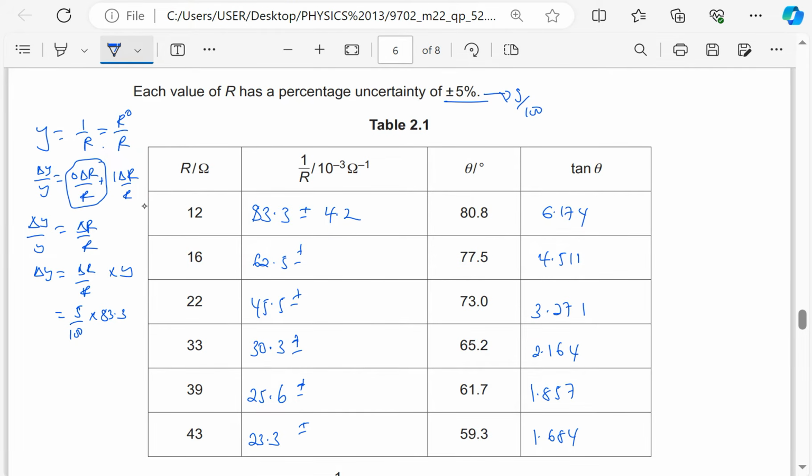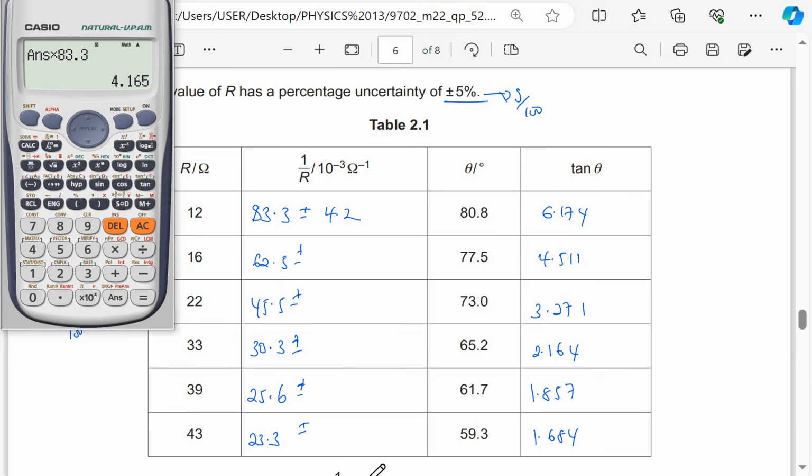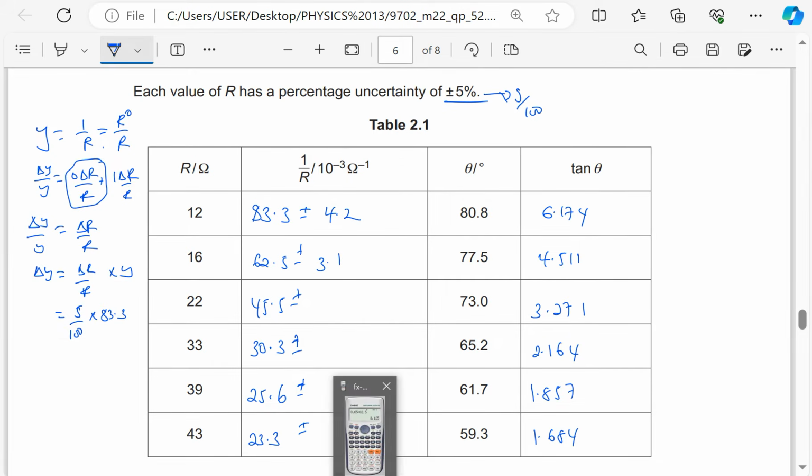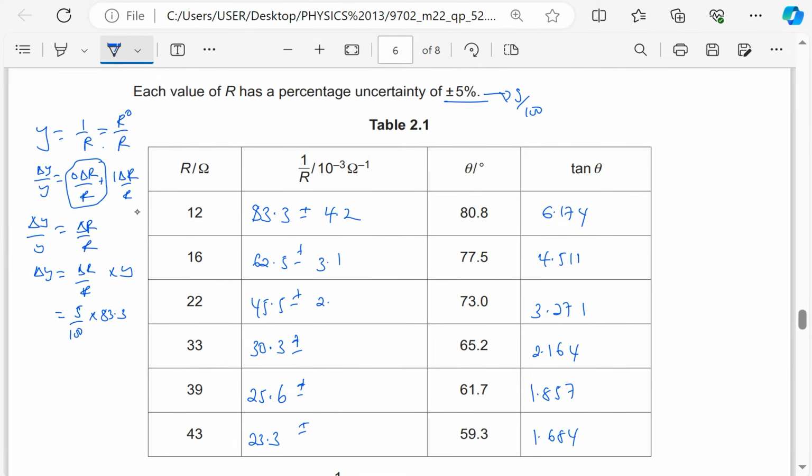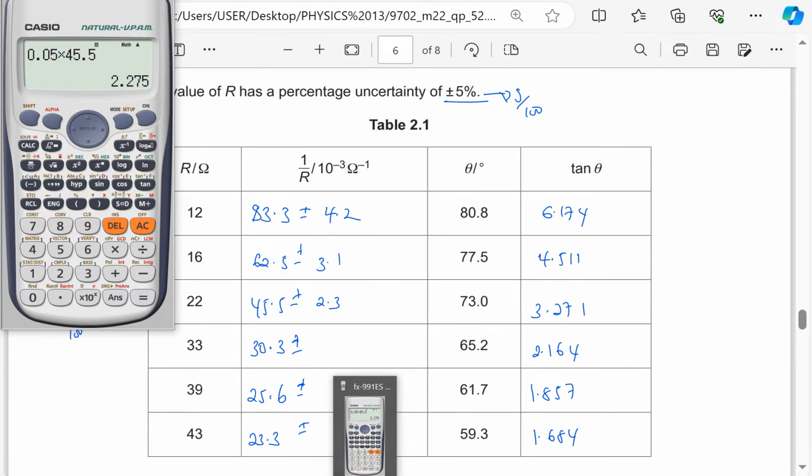I'll repeat the same, just replacing r. 0.05 times 62.5 is 3.1. 0.05 times 45.5 is 2.3. Then we have 0.05 times 30.3, that's 1.5.